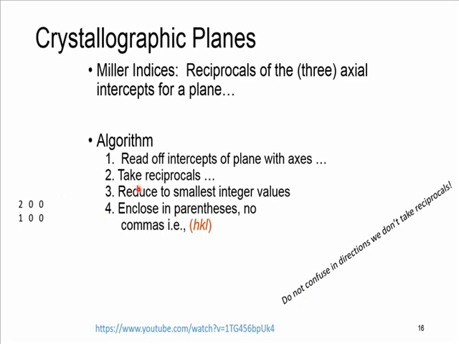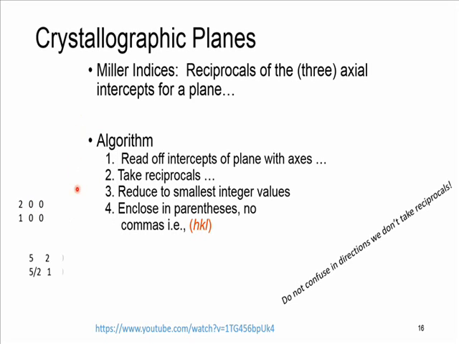As an example for reduction, if we end up with these 3 values for reciprocals, 2, 0, 0, these values are already integers. We are fine, but we are looking for the smallest integer values. So if we divide all of them by 2, these 2 will remain 0 and this one will be 1. This is the smallest integer set for these 3 numbers.